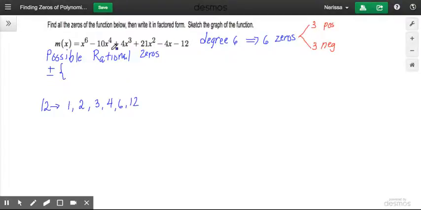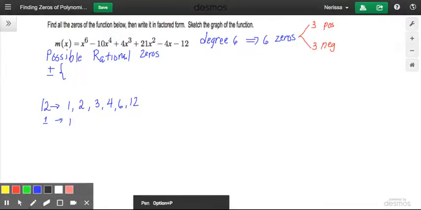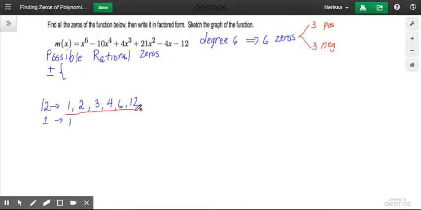Now, the leading coefficient is right here in the front. And if we don't see it, then we say that's 1. So the factors of 1 is simply 1. After listing the factors of the constant term, again, the constant term is the number here without the x variable, and the leading coefficient is the one in front.